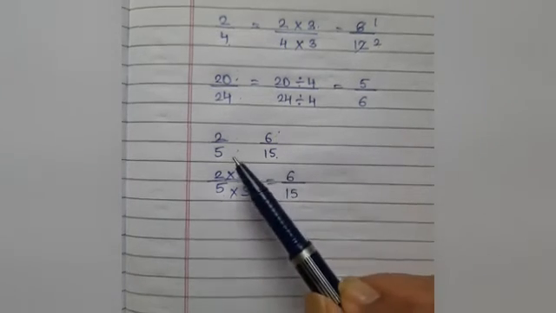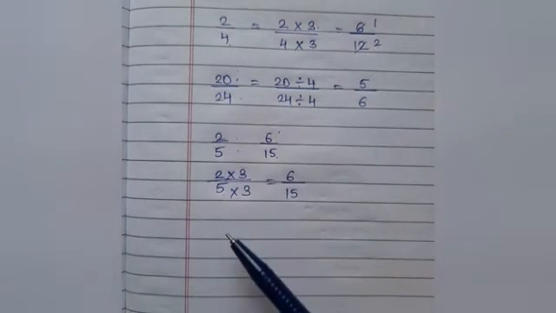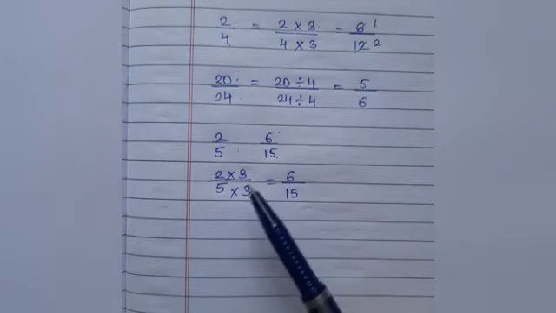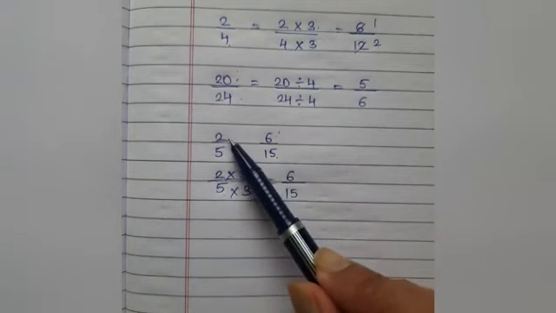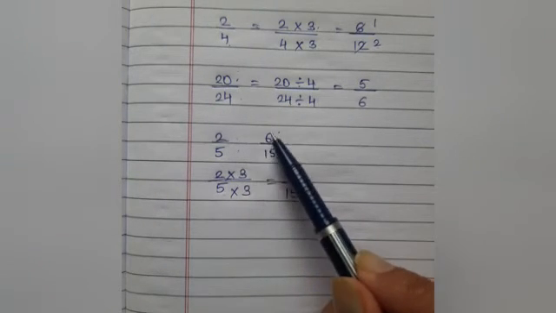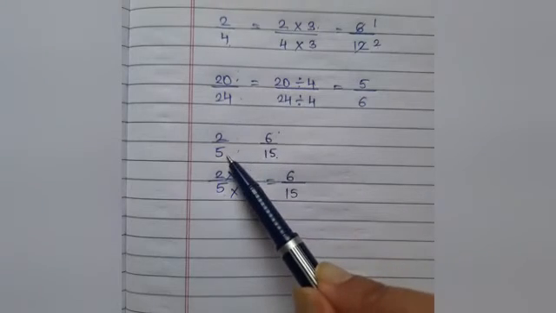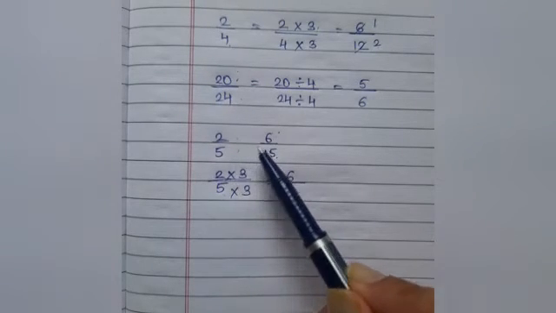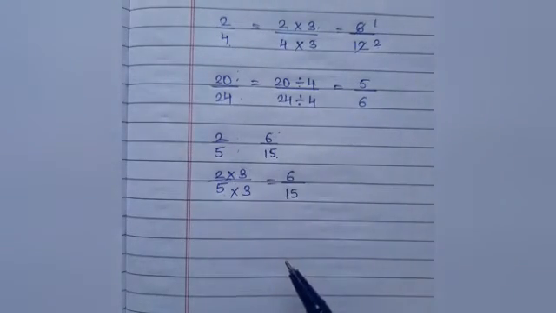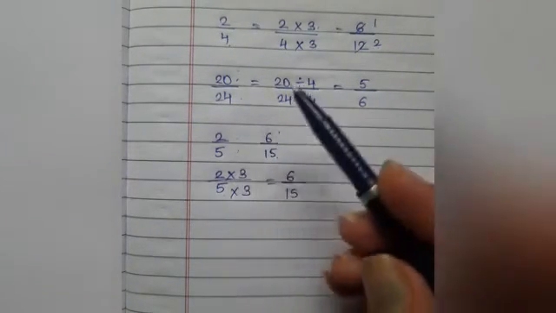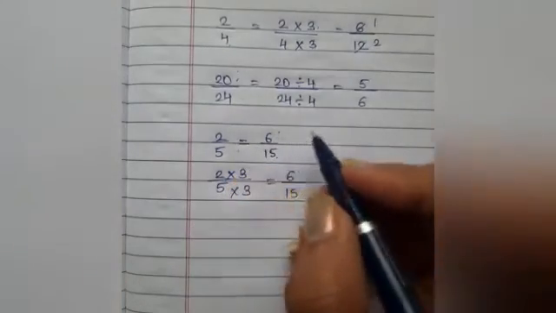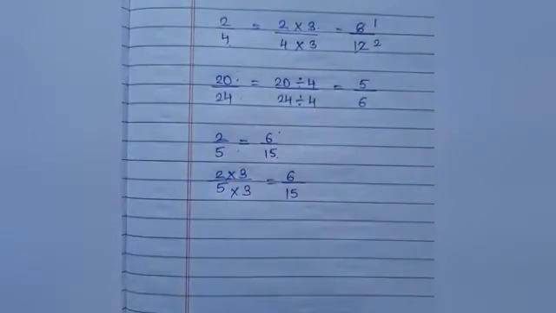Similarly, it goes with the denominator. Means 2 added 3 times, we get 6. And 5 added 3 times, we get 15. That is, 2 upon 5 is equal to 6 upon 15.